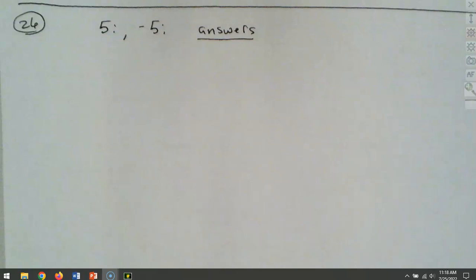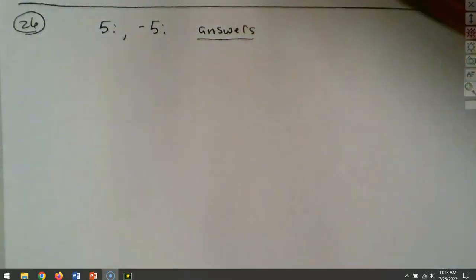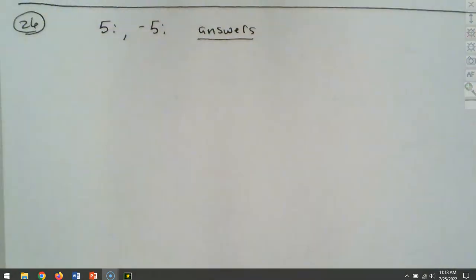It actually looks like the one we just did a minute ago. Let me find it here. I'm missing a page, but we did one of them just like it.